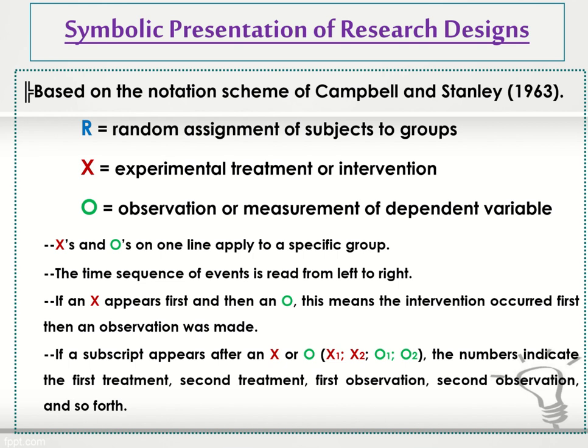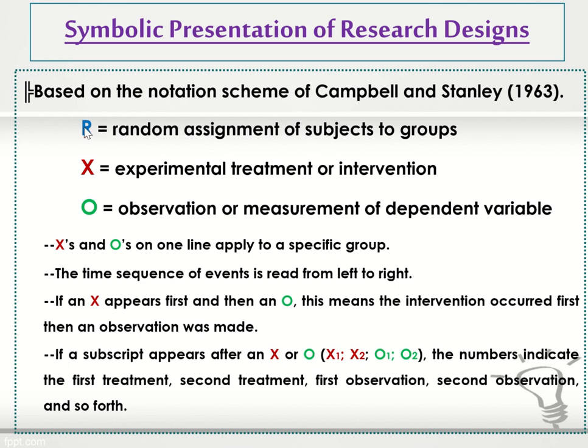Next, we have symbolic presentation of research designs. So research designs are often easier to understand when seen in a symbolic form. So the symbols used to depict the designs in this discussion are based on the notation scheme of Campbell and Stanley, 1963. So R is our random assignment of subjects to groups.